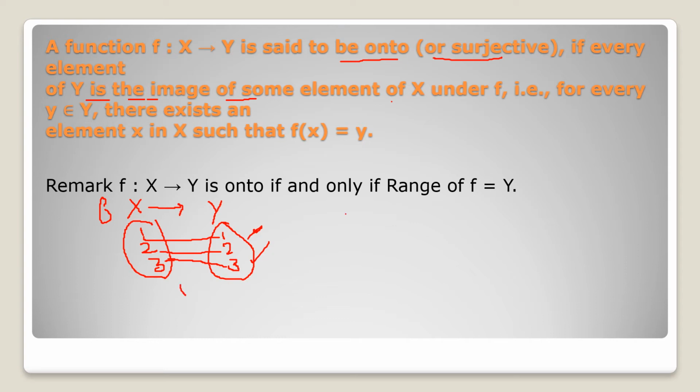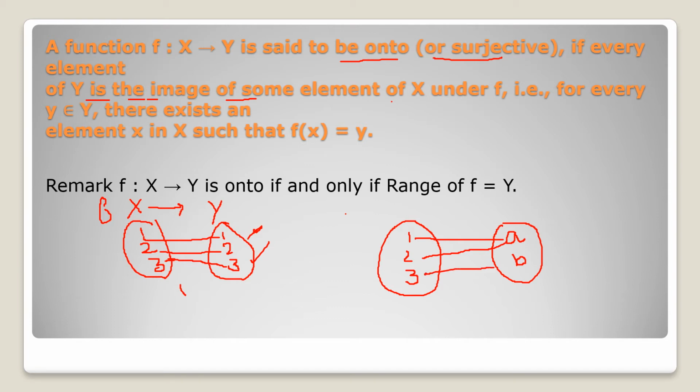Let me take one more example. Let us say here are three elements, 1, 2, 3, and here are only two elements, A and B. Let us say these are the images.